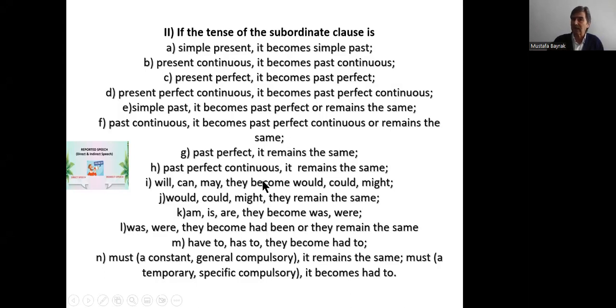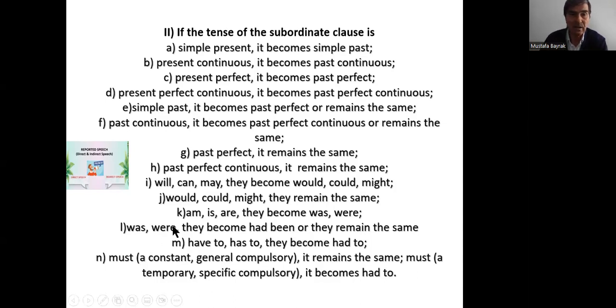Past perfect continuous, again, remains exactly the same. Will becomes would, can becomes could, may becomes might. Would, could, might remain the same: would remains would, could remains could, and might remains might.